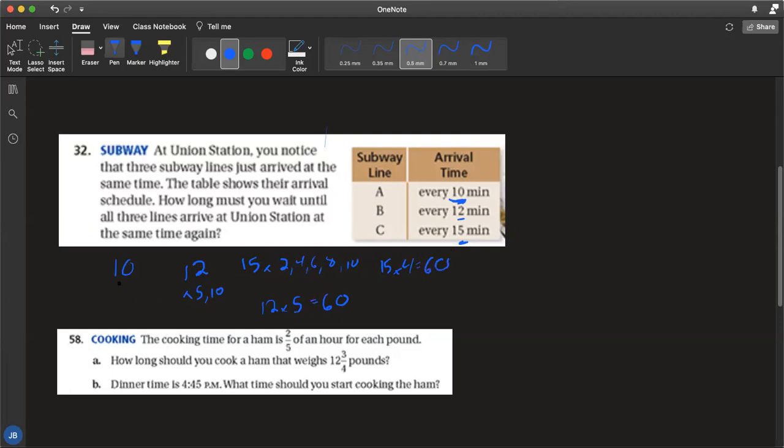Is there anything we can multiply 10 by to get 60? Go ahead, Nicole. 10 times 6. Perfect. So 10 multiplied by 6 will also give us 60. So in 60 minutes, all 3 trains will come by again. Does that make sense for everybody? Awesome. Anybody have any questions on that one?